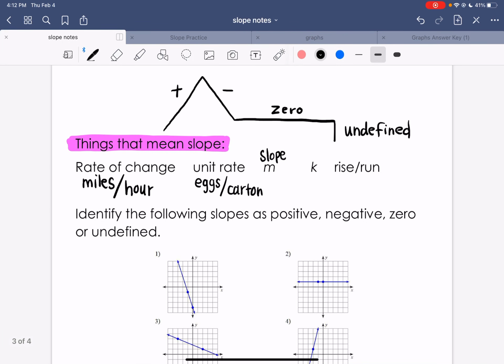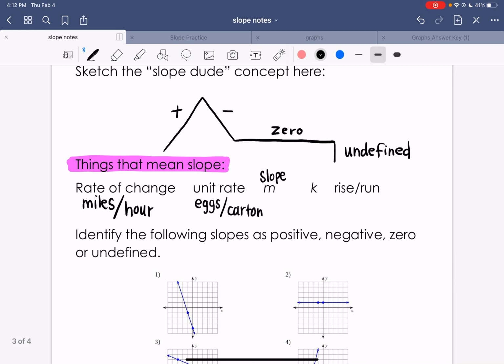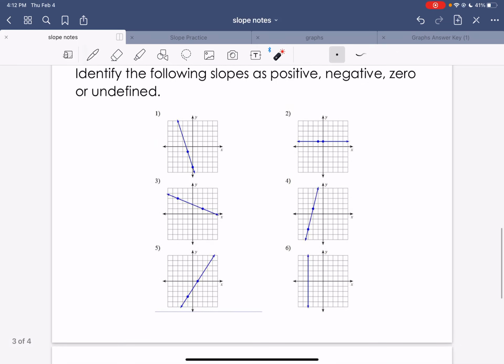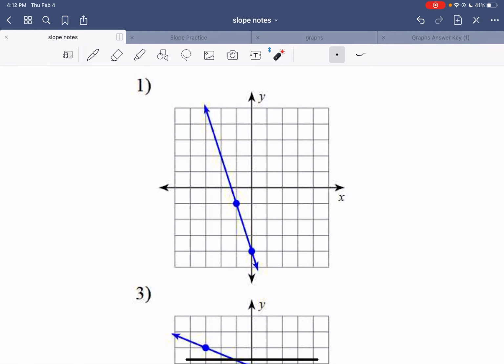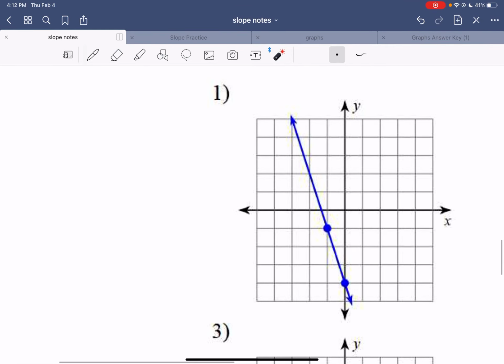So the first thing that we're asked to do is to identify the slopes as positive, negative, 0, or undefined. So I'm going to scroll past my slope dude here so I can zoom in on one of the examples, but you know that you have them in front of you still. So we need to determine if it's the puff puff positive, the nice negative, the 0, or undefined.